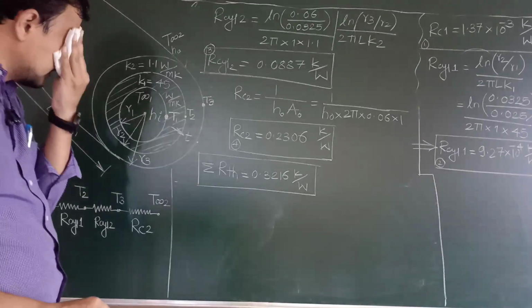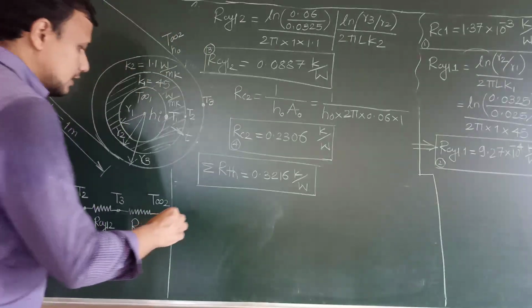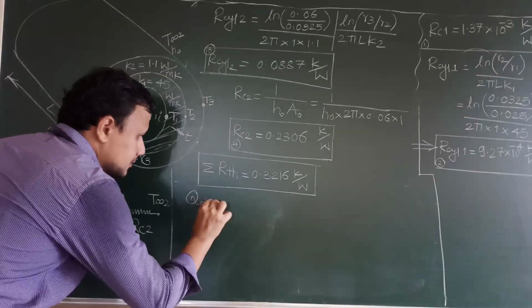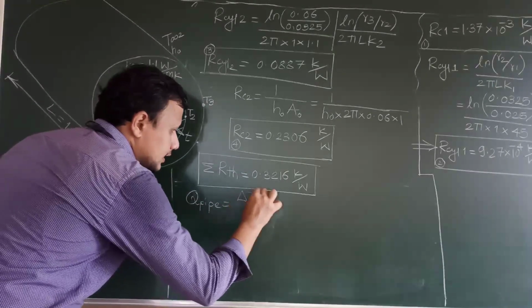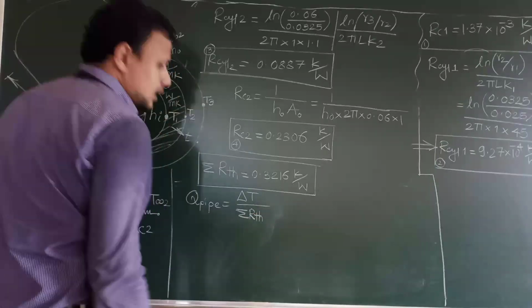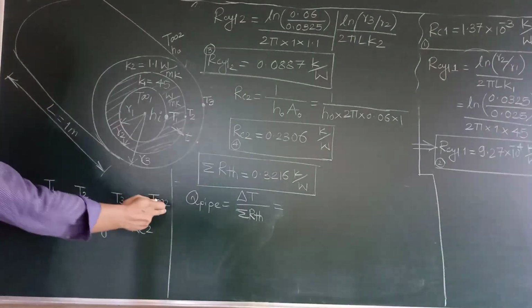Now why did we calculate that? Why was it necessary to calculate this? Because our total heat transfer rate from the pipe is equal to total delta T divided by the total summation of thermal resistances. So I am considering T infinity 1 to T infinity 2.